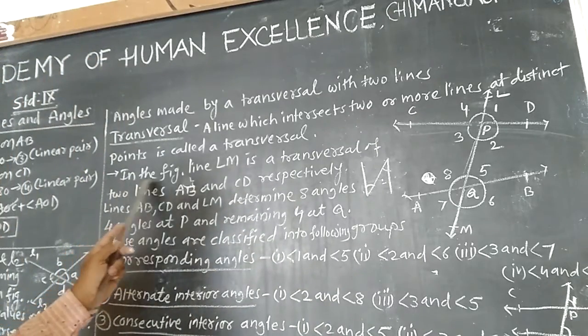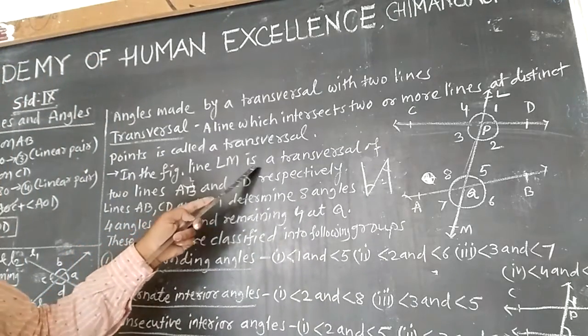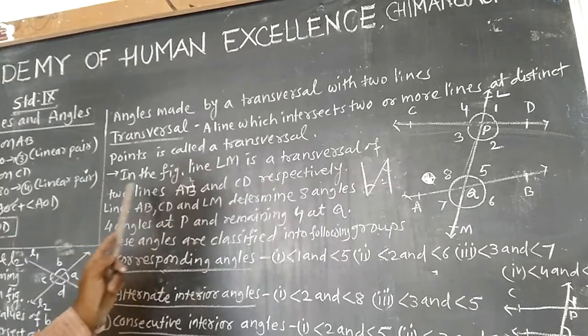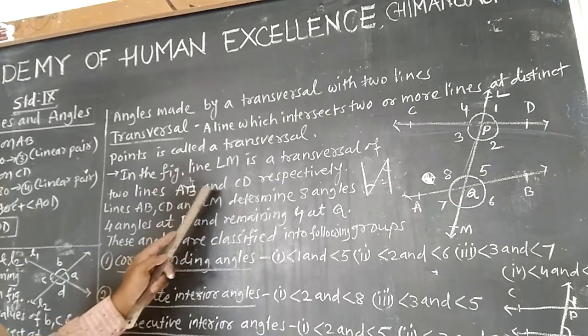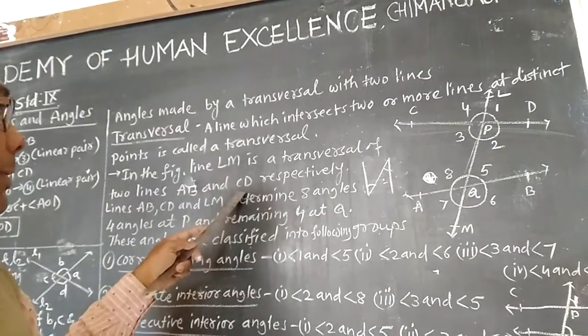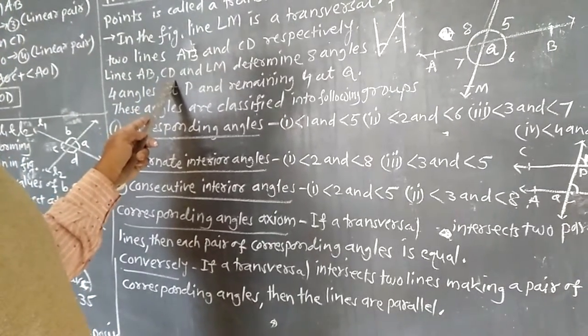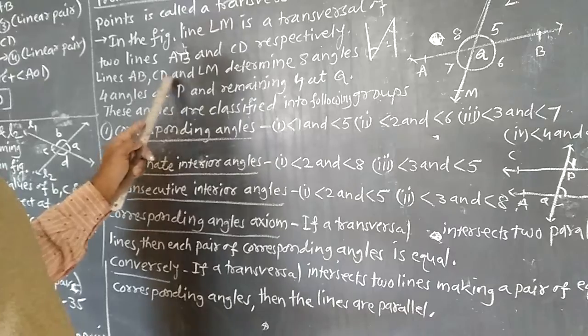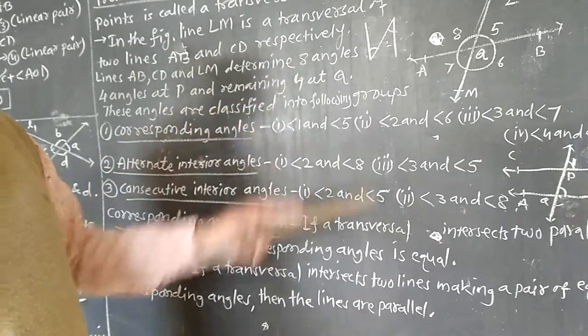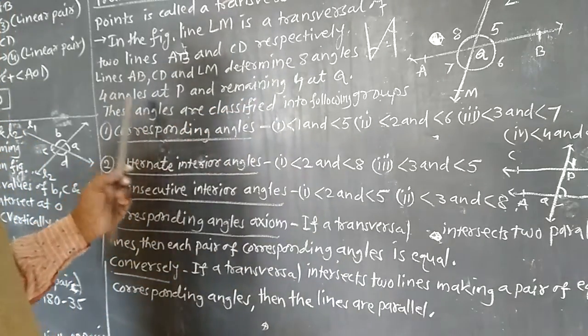Now, in the figure, line LM is a transversal of two lines AB and CD respectively. Lines AB, CD and LM determine 8 angles.